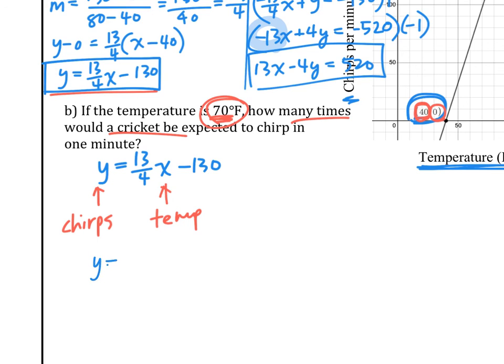So then what we want to do is just plug it into the function and check. So 13 over 4 times 70. So let's do some math here. So this cancels. We get 2 and 35. Oof. Okay. I think the numbers are big enough that we probably have to use the calculator.